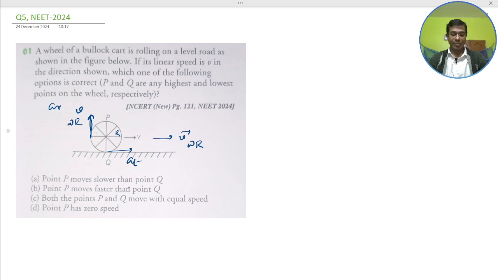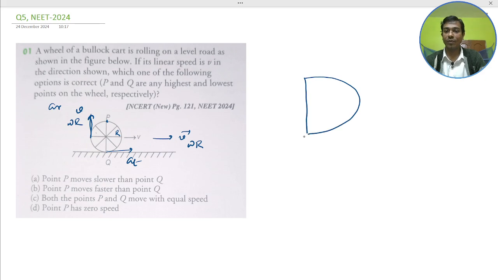Keep in mind the concepts of radial and tangential acceleration from these chapters for doing this problem. In rolling motion, when it is rolling with velocity v, all the points move with different velocities. This point moves with a different velocity, and this point moves with a different velocity. From the circular motion chapters, you know that the top point velocity would be greater than the lowest point velocity.